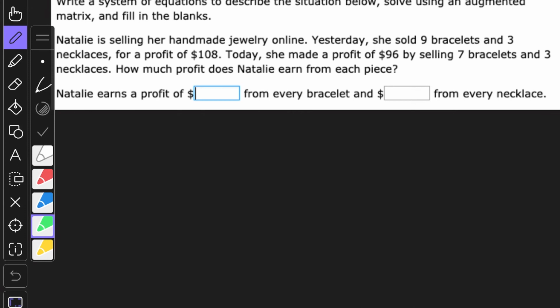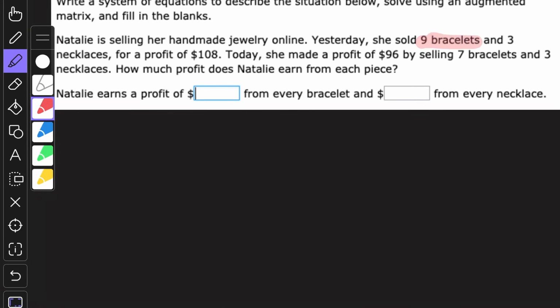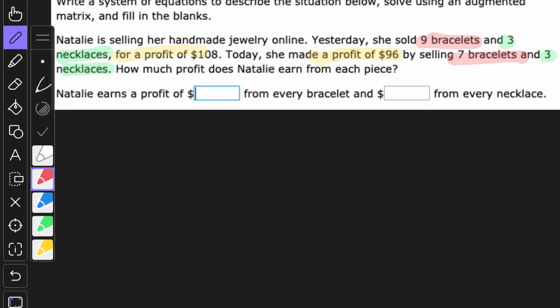All right, so we've got Natalie here selling some handmade jewelry, and she sold 9 bracelets and then 3 necklaces, and then she made a profit of 108, and then she made a profit of 96 by selling 7 bracelets and 3 necklaces. So x would be those bracelets, and then how much profit from bracelets. So profit, again, not the number, not the cost, profit, right, from bracelet.